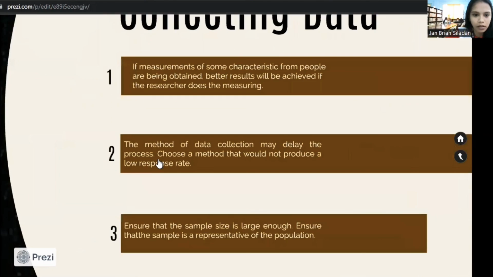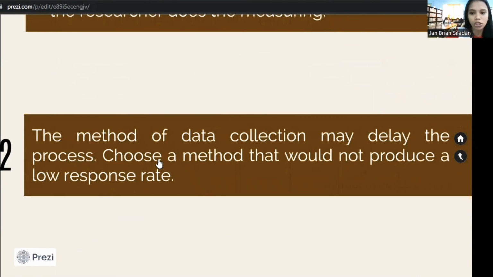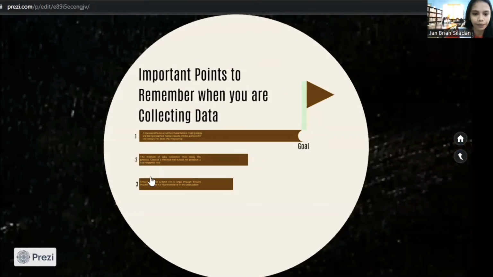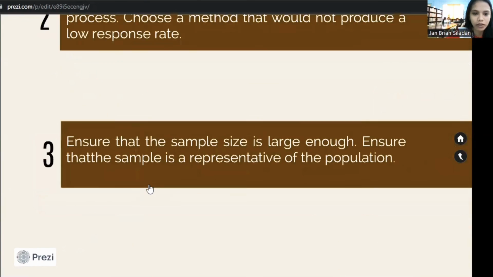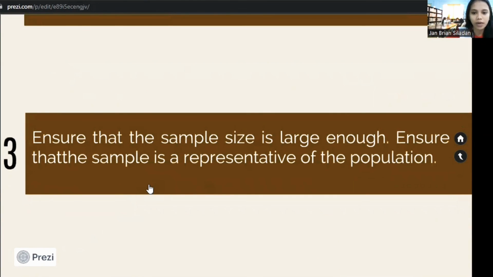Second, the method of data collection may delay the process, so it's important to choose a method that would not produce a low response rate. Third, ensure that the sample size is large enough. Ensure that the sample is representative of the population.